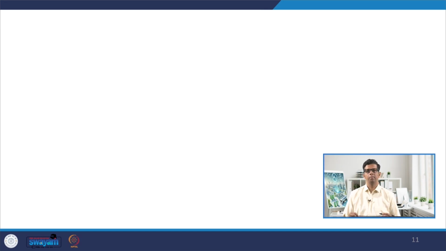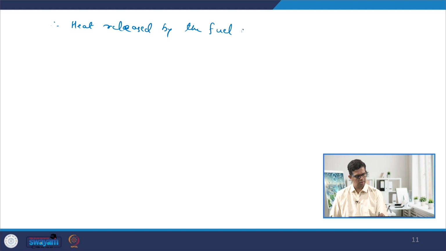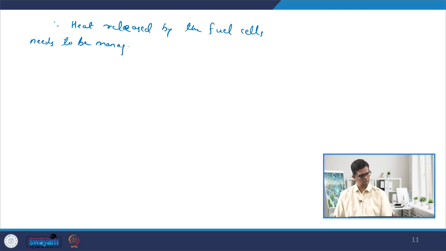And that is why it is very important to control and manage the heat that is liberated from the fuel cells. And for that, let me write, therefore, heat released by the fuel cells needs to be managed, and that is why coolant and coolant designs or flow designs are basically employed.